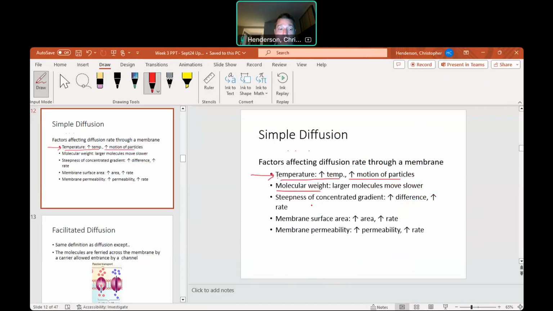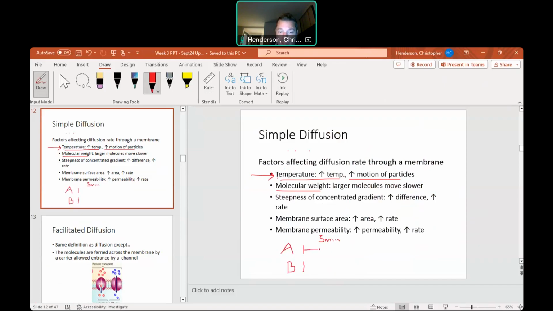The larger the molecular weight of a molecule, the longer it's going to take. And that makes sense. Something bigger is going to move a lot slower. Imagine we're going to do a race here between this particle and this molecule. We set a timer for 5 minutes and say, all right, guys, see how far you can run.